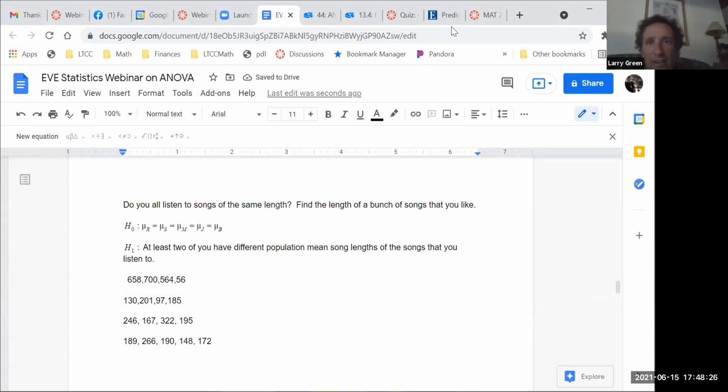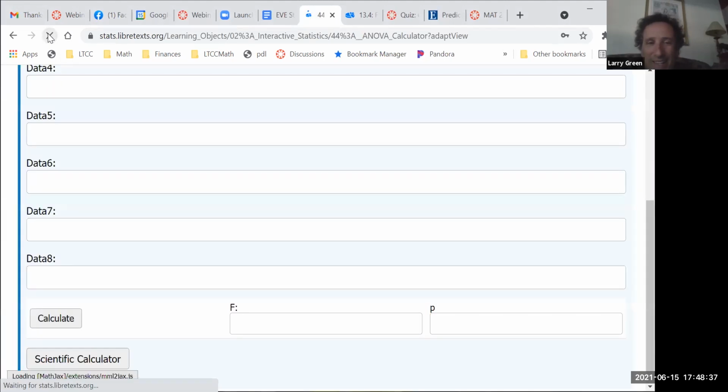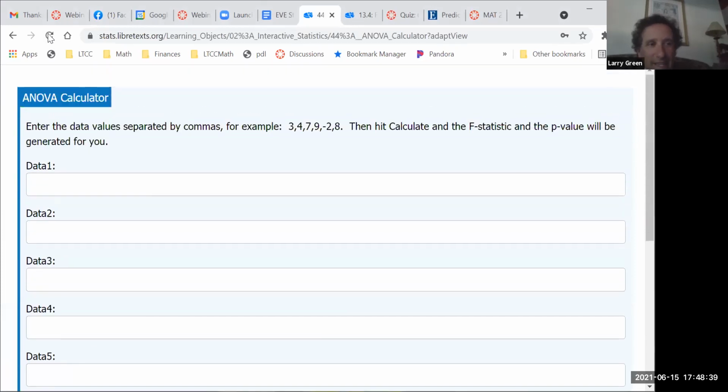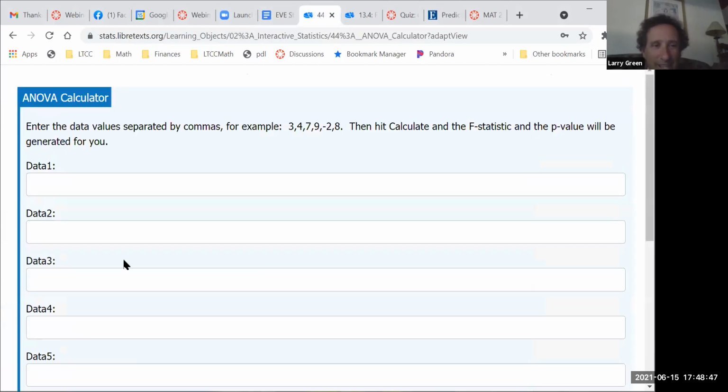Okay, so now I'm going to go to my calculator. And by the way, I had no idea whether the p-value is big or small. I have no idea whether you all have the same style of songs that you listen to in length. So now I'm going to just copy and paste. The good thing about the commas is I can do that.